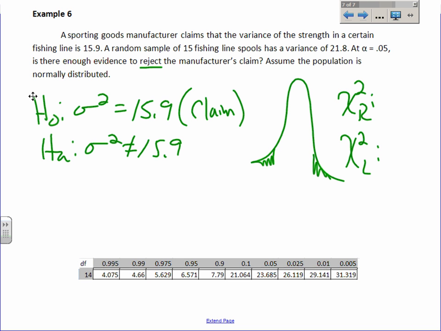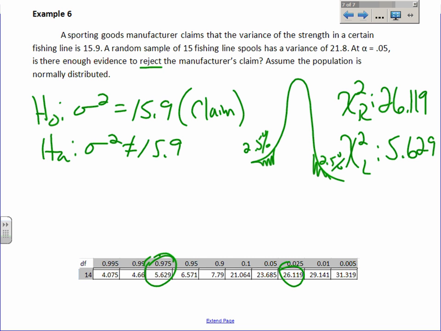So 5% total, so 2.5 on each side, right? And so 26.119 right here. And the left one then must be 97.5 basically, right? If you're going to pair it up. So yeah, I probably shouldn't cover up the answer. 5.629. Any disagreements so far?